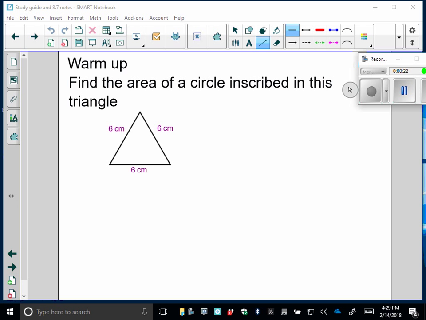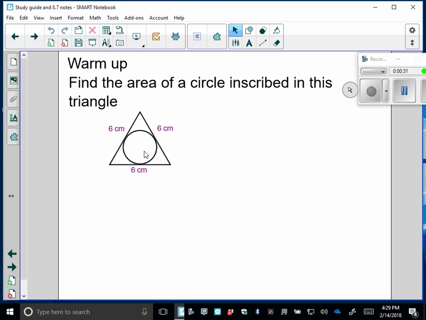Many of you will recall that when we did geometric constructions, we worked on inscribing circles and triangles. And when we did that, we also discussed properties that appeared with regularity.